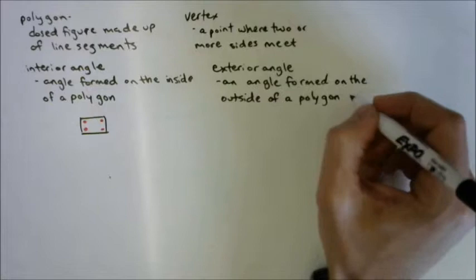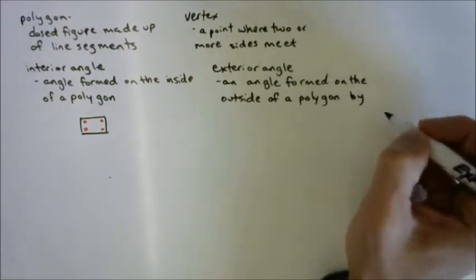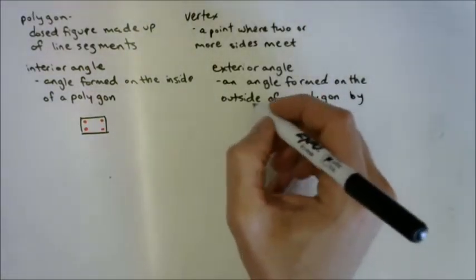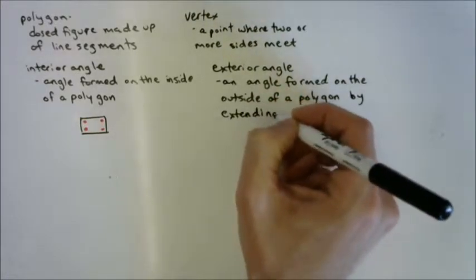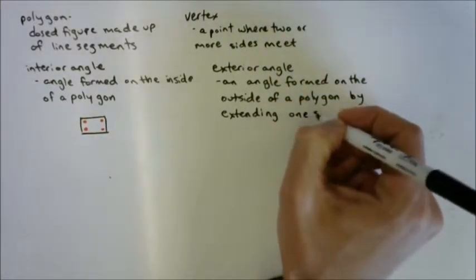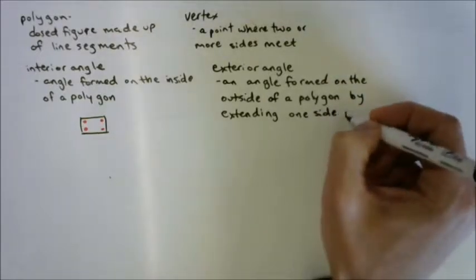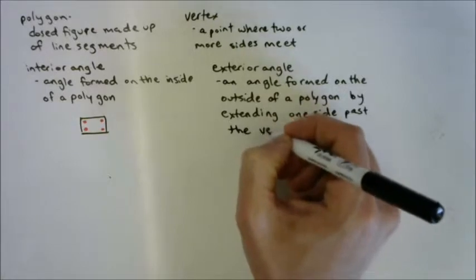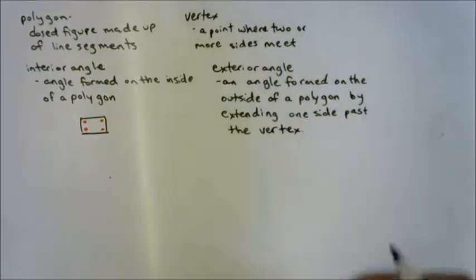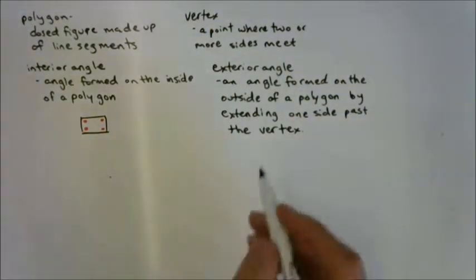But we need to continue by extending one side past the vertex. Okay, by extending one side past the vertex.